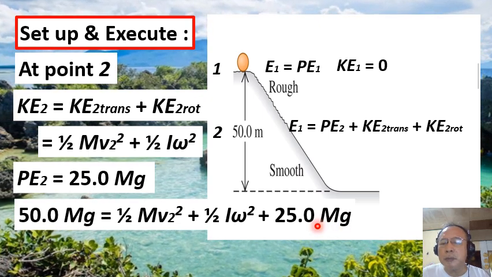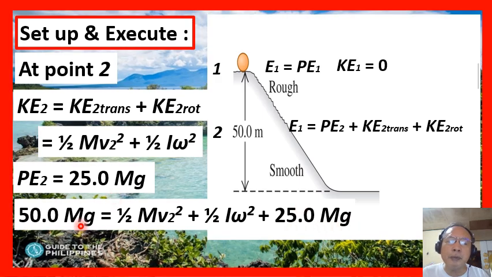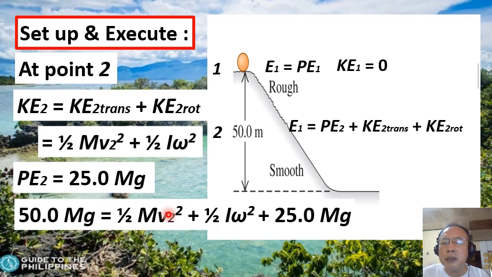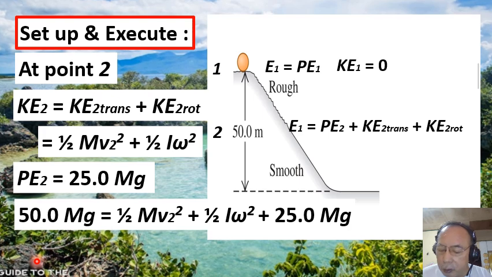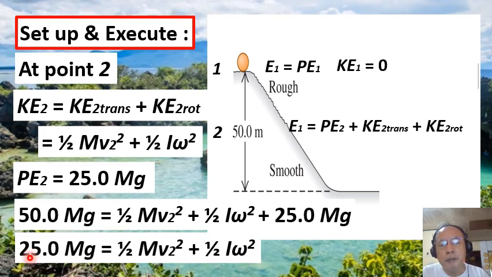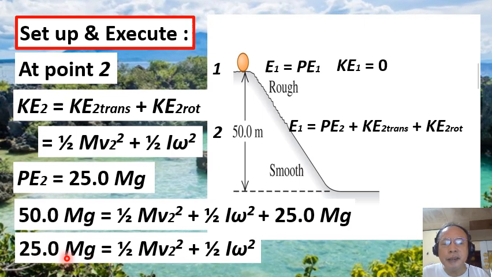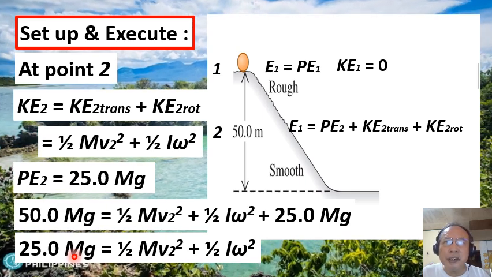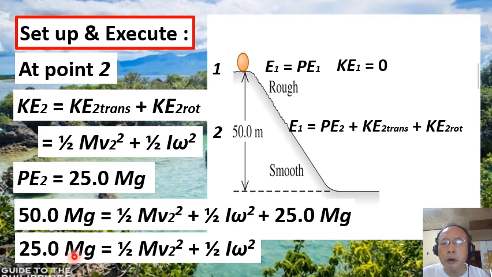And simplifying this by transposing 25.0 capital Mg to the left side of the equation, or subtracting 50.0 capital Mg minus 25.0 capital Mg, we come up with this simplified equation. 25.0 Mg, this is the amount of the potential energy of the boulder exactly at level 2 or point 2.